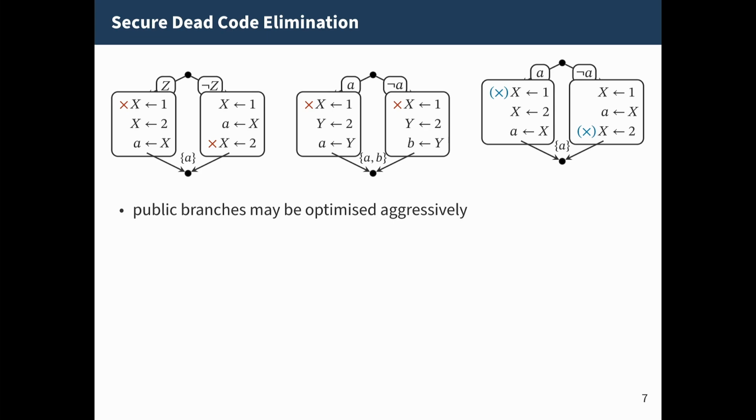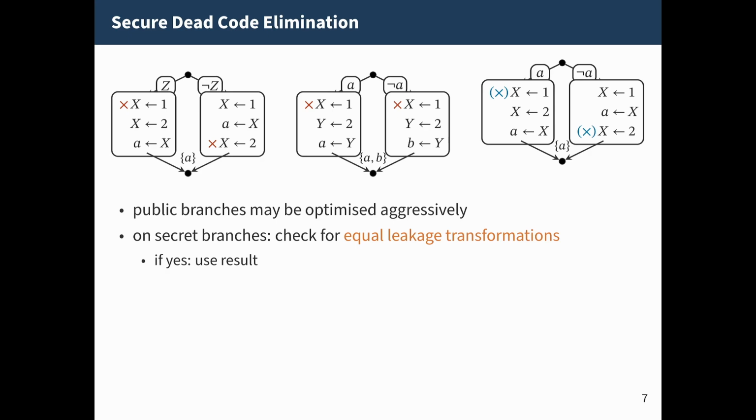Then we have the case where we have a secret branch. There, we try to do the aggressive optimization, so we try to eliminate all dead variables. Then we check at the end of the branch whether we've made basically the same changes in the leakage. If yes, then this is fine. In this example, we can eliminate the write to x on both sides, because afterwards we still have the same leakage traces.